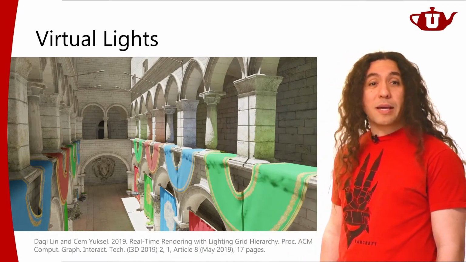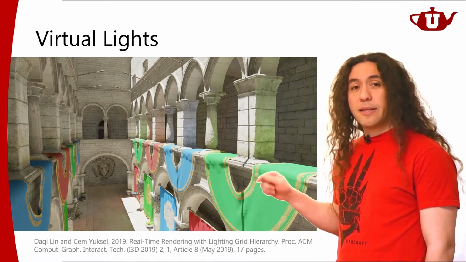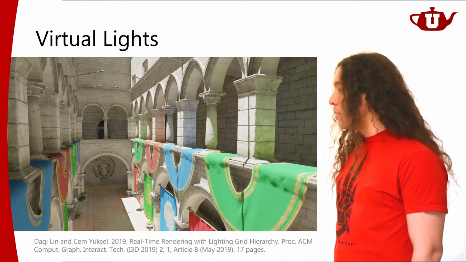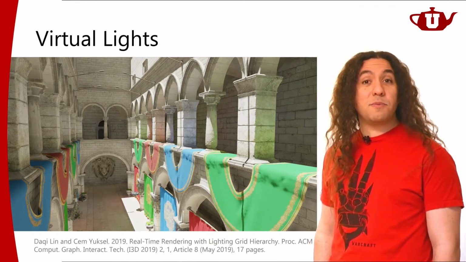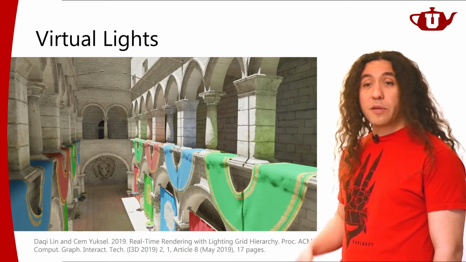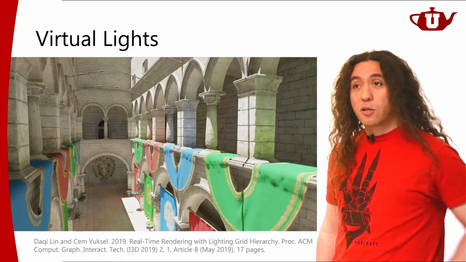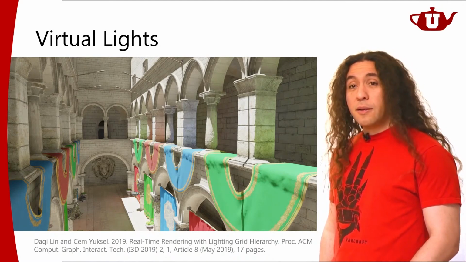This way we can get pretty high efficiency. And in this paper we explain how exactly to use the existing GPU features to do this fast, so we can get a fully interactive real-time computation of global illumination.